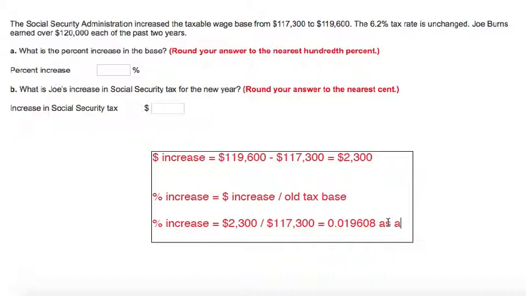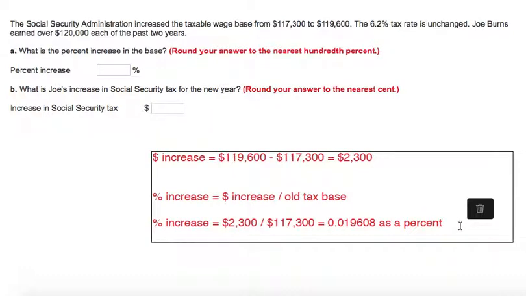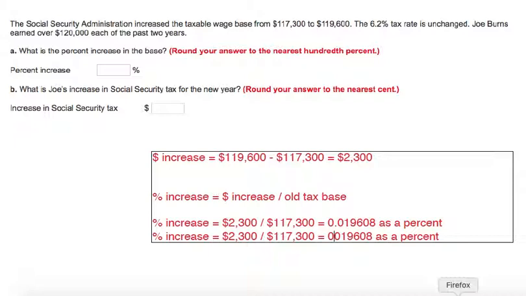This is not the final answer, okay? We need to convert that to a percentage. The percent increase, we found out what it is as a decimal. So as a percentage, you need to move the decimal place twice. So we move it 2 places to the right. Put a dot there, get rid of those leading zeros, and then they asked for the hundredths place.